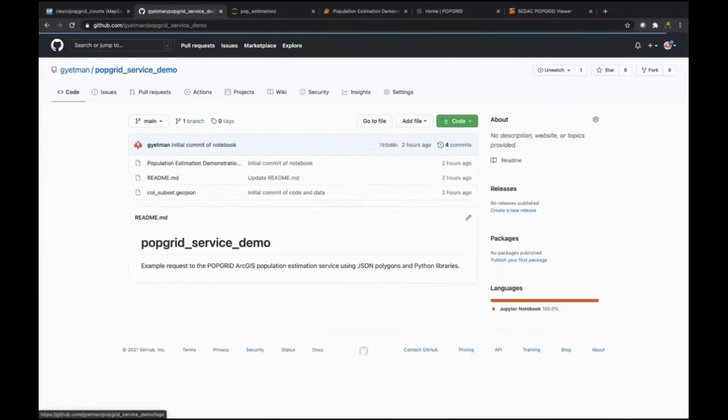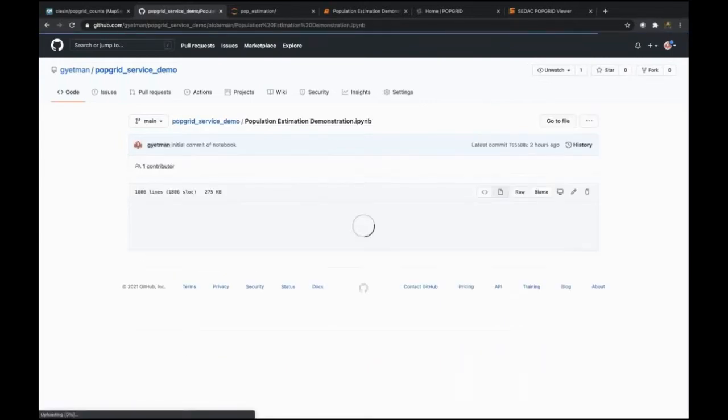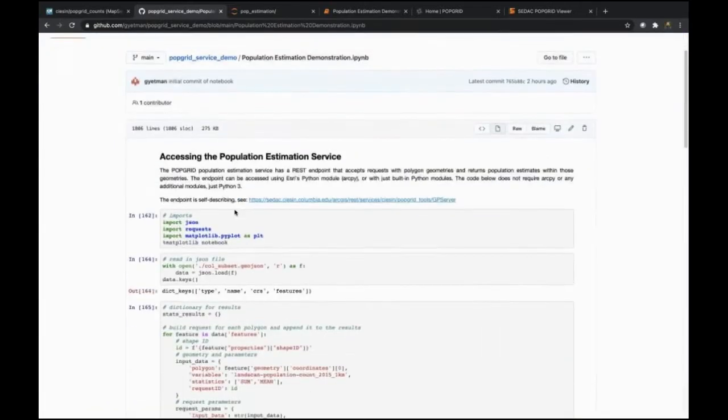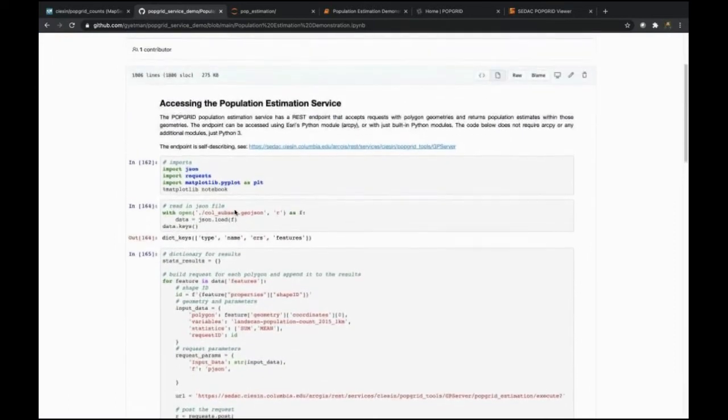And there's a Jupyter notebook here that demonstrates how, without GIS and without any additional modules, just straight up Python, we can lob a request at our server and get a population estimate for all of the individual polygons.